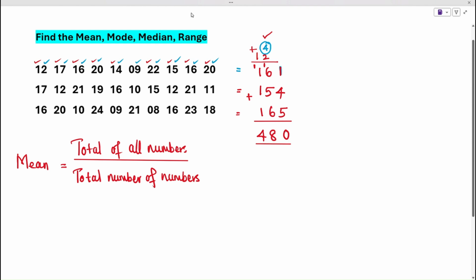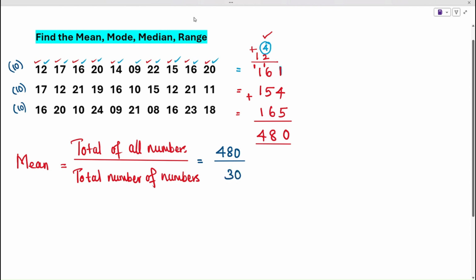So this is the numerator of the fraction that we have here. So this is the total of all our numbers, 480. Now we have to find the total number of numbers. So now we just have to count all the instances for numbers. So in the first row, we have 10 numbers, and we have 3 rows. So we can easily do 10 times 3, and that gives us 30.